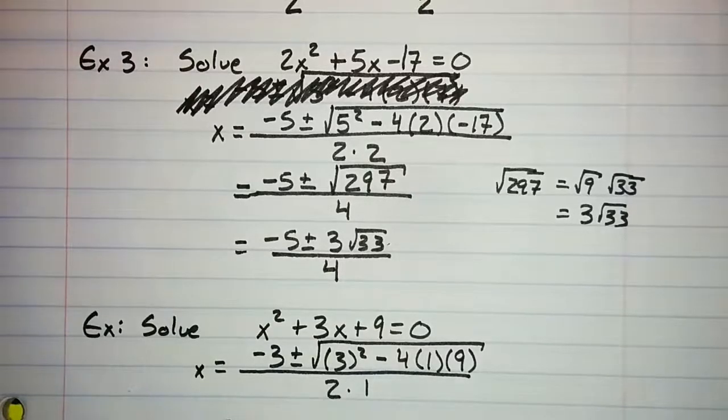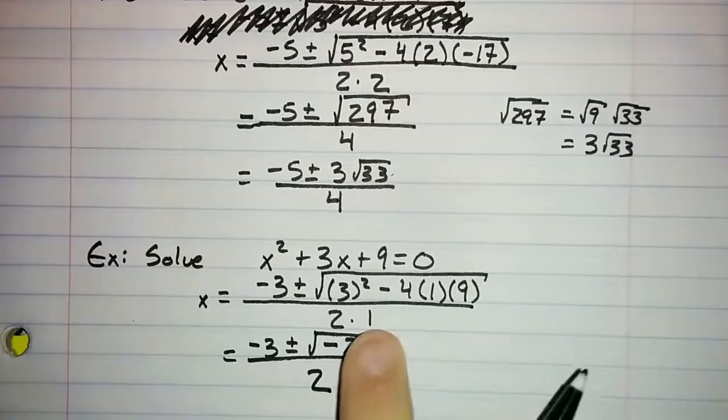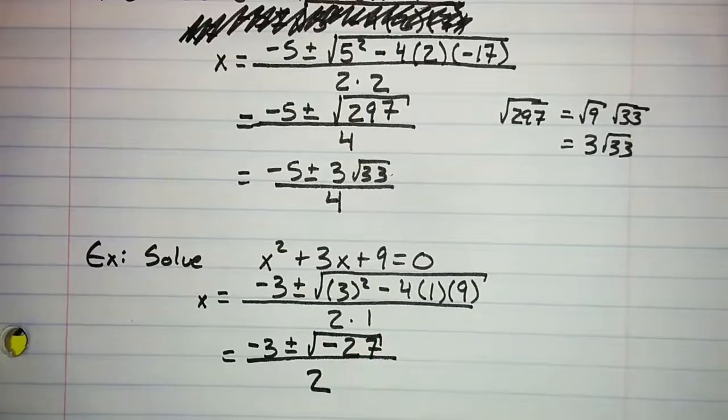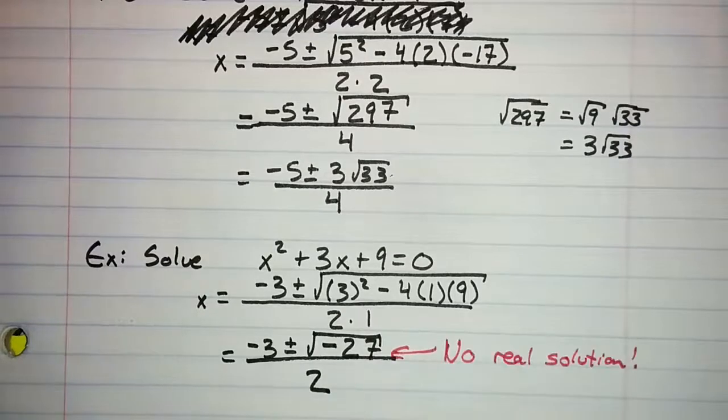When I work out this arithmetic, what do I see here? I can't take the square root of negative 27 with the numbers I've got right now. I don't have any numbers that when I square them give me negative 27. Maybe I have no real solutions.